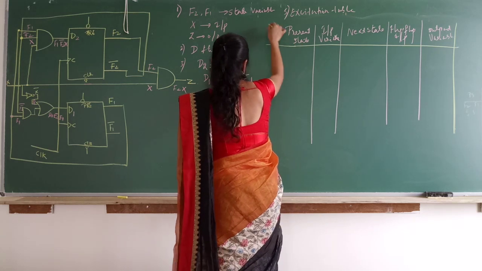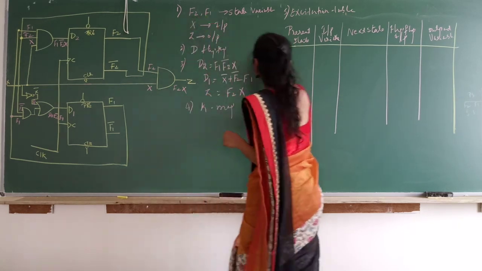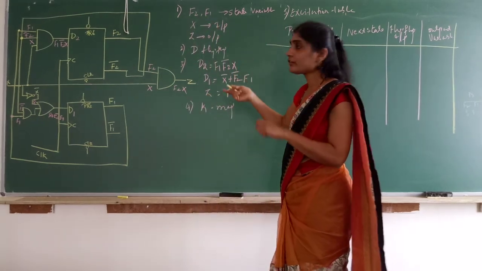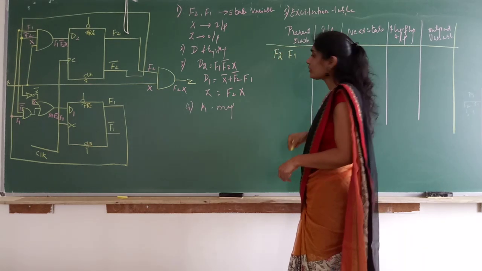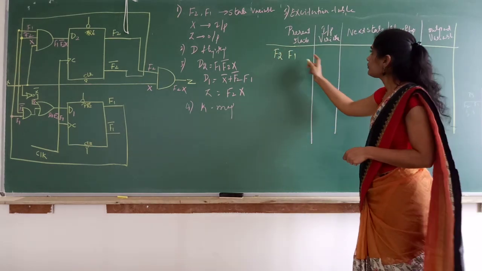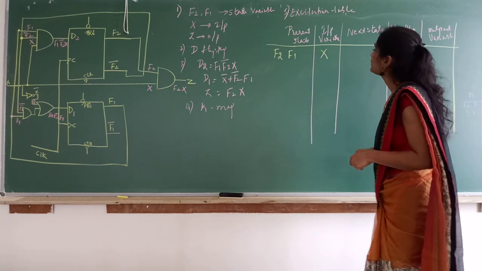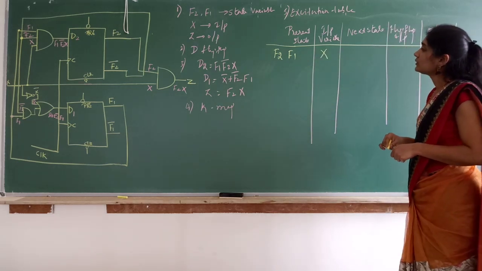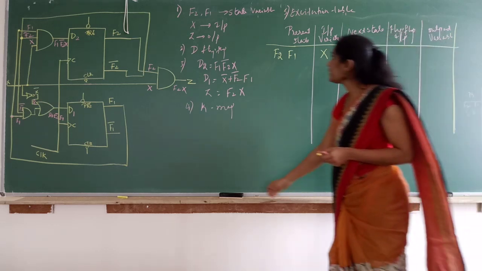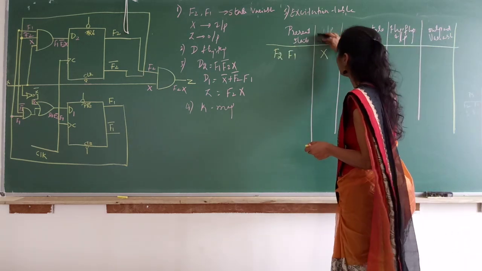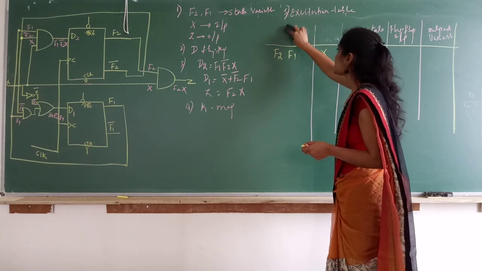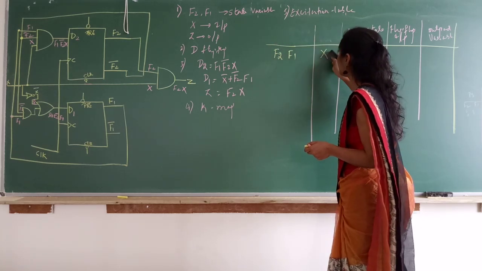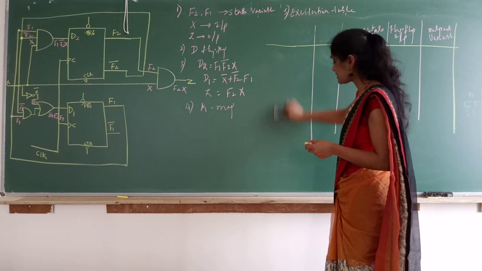So what are the present state variables? F2, F1. You can write F1, F2 or F2, F1. We shall write F2, F1 only. However you want, you can write. F2, F1, input variable is X. Or shall we write the input variable first and then the present state? Anyway, you can write either way, but to analyze, I think if I write the input variable first, it will be simple.